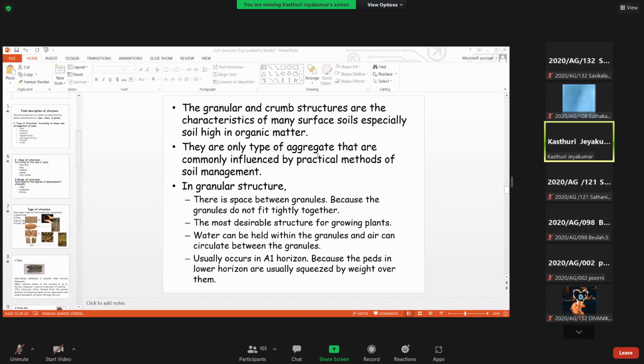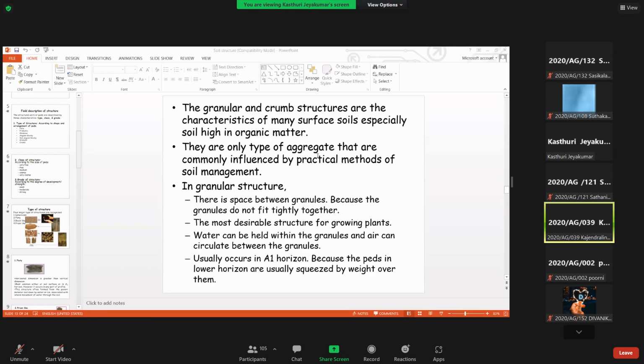Structure is the arrangement of the individual soil particles. That means we consider as one soil particles that include fertilizers and organic matter, soil particles that aggregate, and finally soil structure is formed.